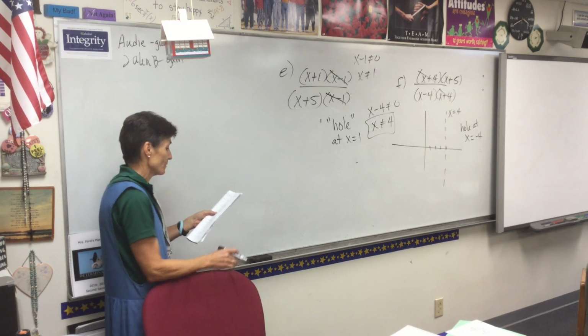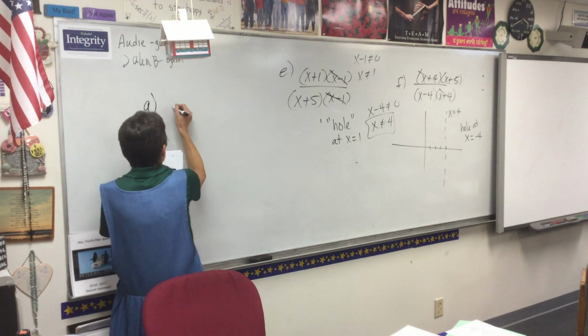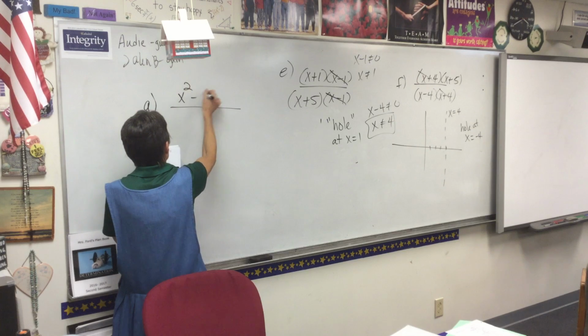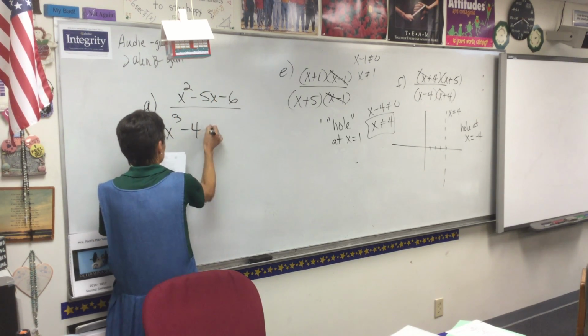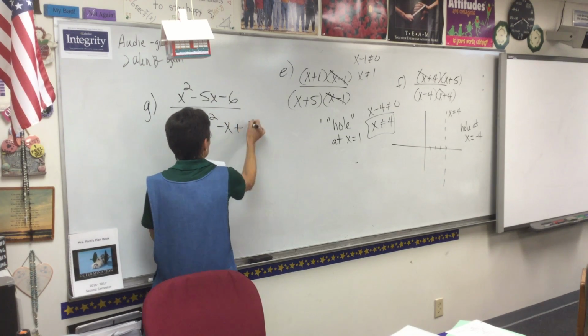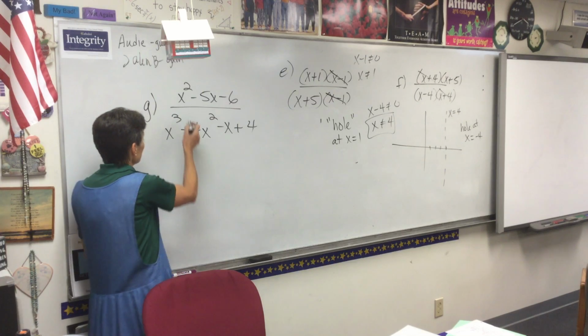All right, here we go. G, last one, then we'll review. Let's get her done here. What do you think about this? This is quite a large problem. What might we do? Split the bottom.